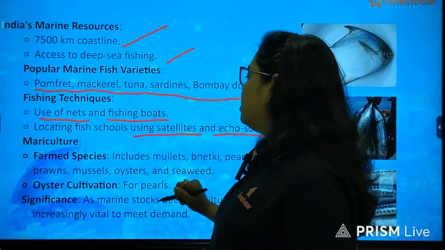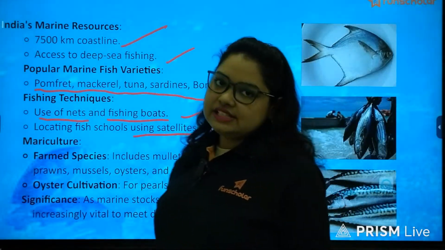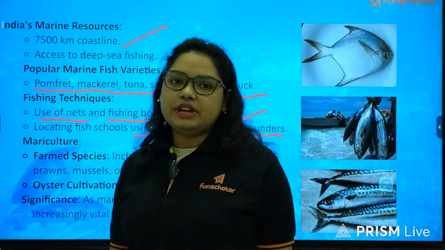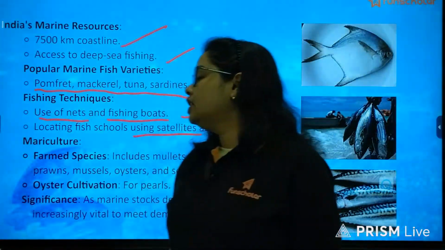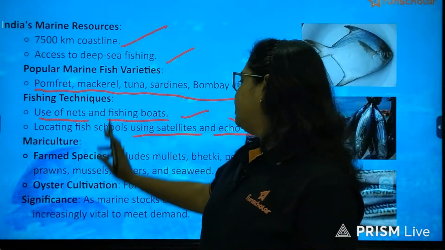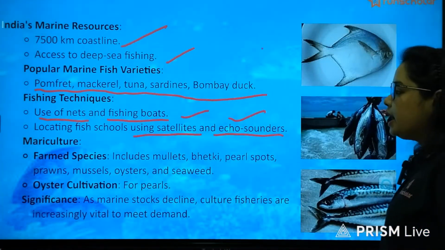But both these techniques are very advanced and cannot be afforded by the poor fisherman. So obviously the most common technique till now is the use of net and fishing boat.